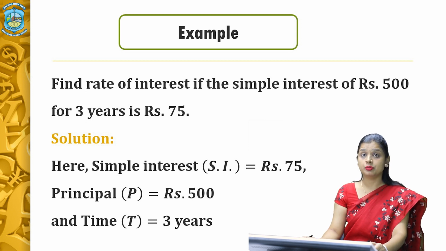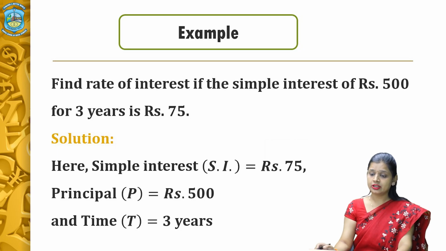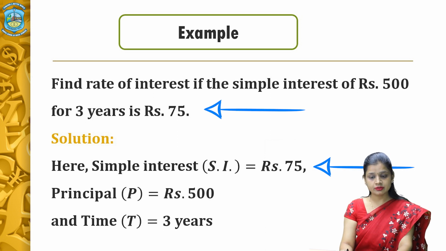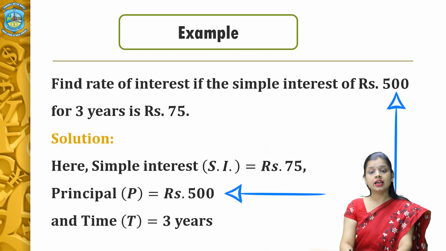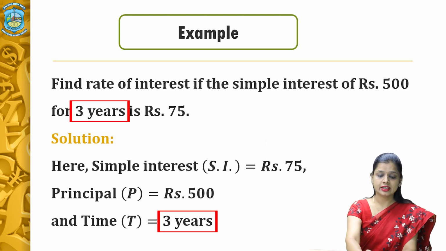In the next example, we have to find the rate of interest if simple interest of rupees 500 for 3 years is rupees 75. In this example, we are given simple interest, which is rupees 75, principal amount which is rupees 500 and time which is 3 years. First, we apply the formula SI equals PRT by 100, then apply the cross multiplication method.